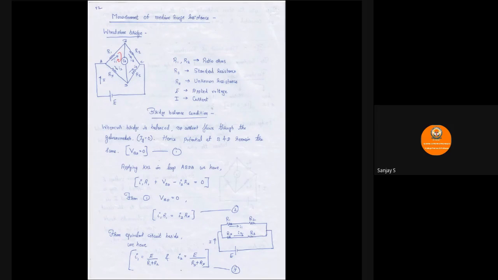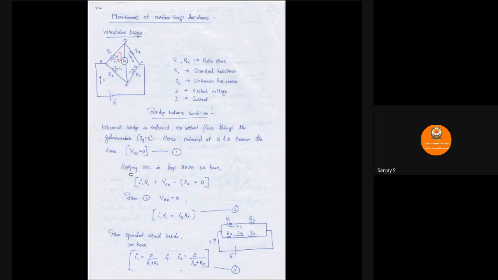If the potential at both the ends is the same, no current is going to flow. So if you take that into consideration, the voltage at B and the voltage at D will be the same. Or if you consider the potential difference VB minus VD, it will be 0. So it is written as VBD is equal to 0.